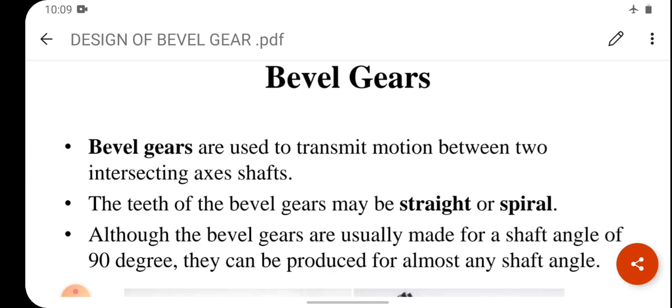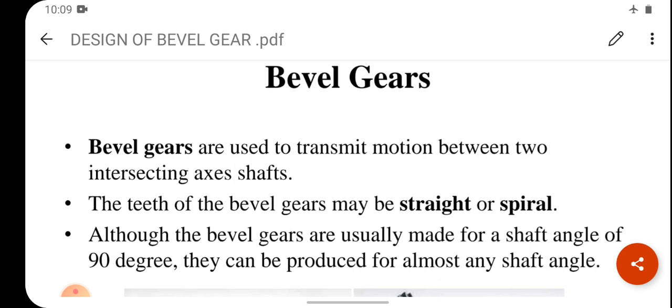Means that bevel gears are used to transmit motion between two intersecting shafts, or you can say motion is transmitted at 90 degrees to each other. The teeth of bevel gears may be straight or spiral.